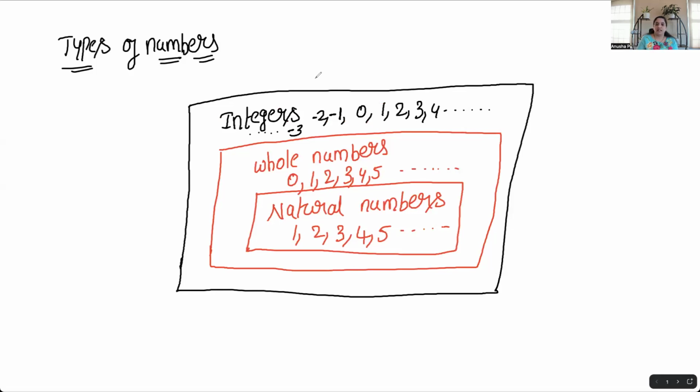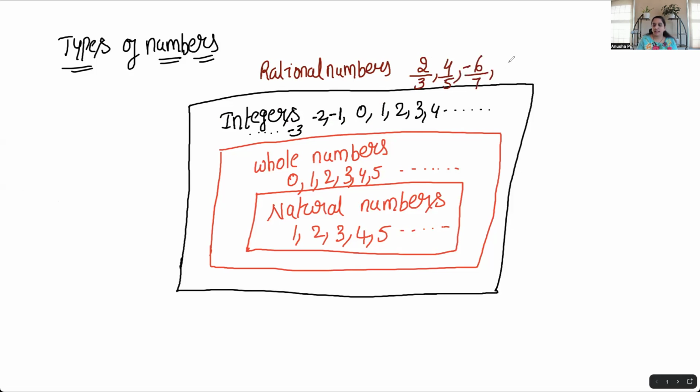Then the next one is called the rational numbers. So what are rational numbers? All the integers are called rational numbers. Along with that, we have fraction numbers, which is 2 by 3, 4 by 5, or -6 by 7, like that.